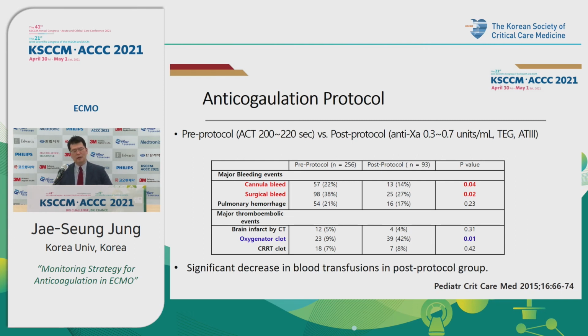Post-protocol means the target of anticoagulation was anti-10A level, 0.3 to 0.7 unit per milliliter. As a result, bleeding at the cannula site and bleeding requiring surgical correction decreased significantly. But the oxygenator clot also increased. In addition, the post-protocol group showed a significant decrease in blood transfusion volume.